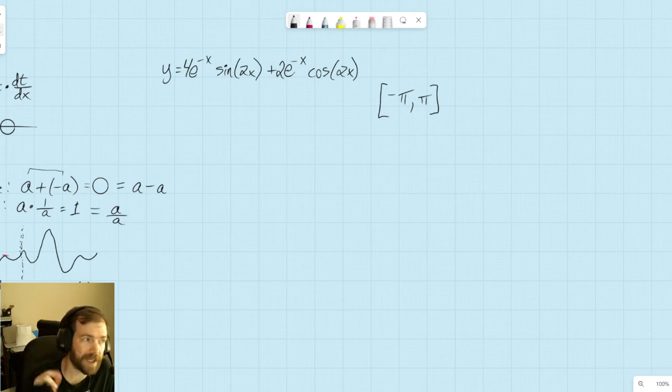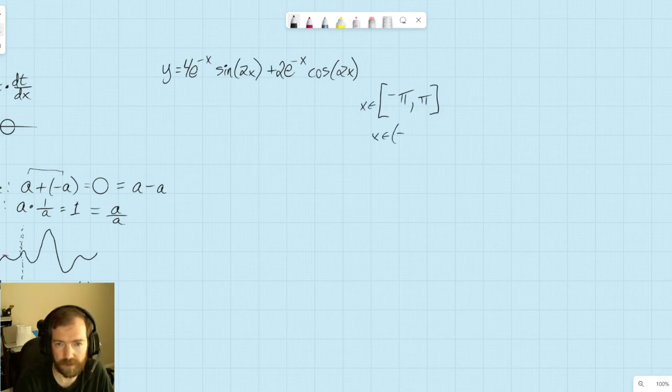Now, I am going to keep this as a closed bracket. When you are trying to find the minima and maxima of this function, you should technically be looking at this on an open interval, and then check x equals negative pi and positive pi.